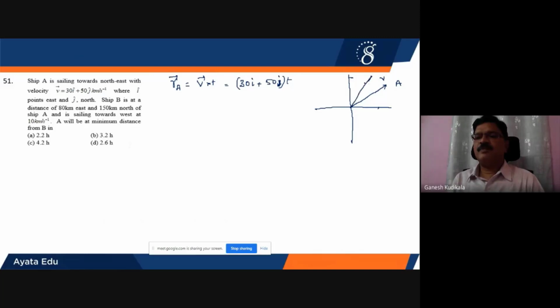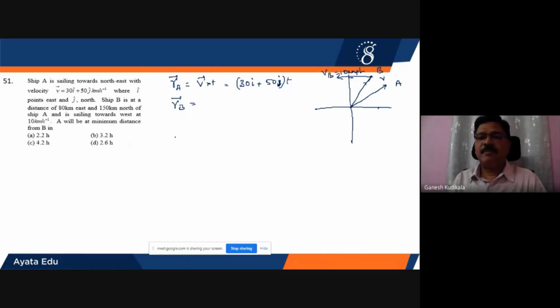So this ship B is at this particular point, and from there it is going towards the left side, towards west, with a velocity equal to how much? 10 kmph. So the velocity of ship B will be 10 kmph, streaming towards the left side. So its position vector at any instant will be given by, since it is going towards the left side, the displacement will become negative.